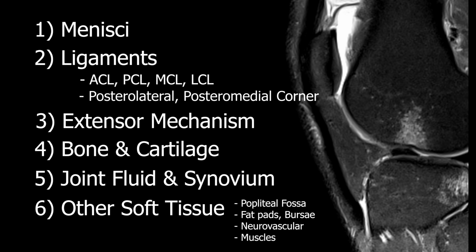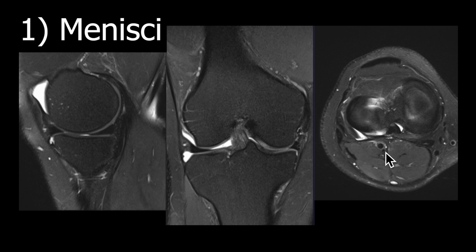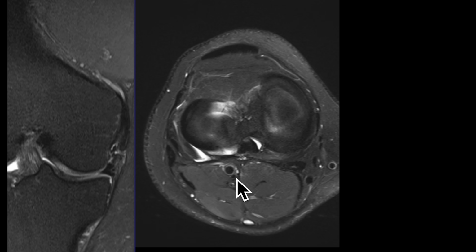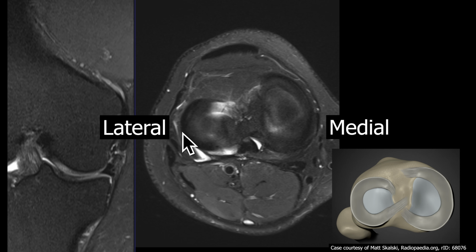For each structure, we'll cover the normal anatomy and MRI. I'll describe some pathology, but don't worry too much about that for now. We'll cover that in more detail in the course. The menisci are C-shaped structures between the femur and tibia, which function as shock absorbers to provide increased stability and even weight distribution in the joint. The medial meniscus is larger than the lateral meniscus.